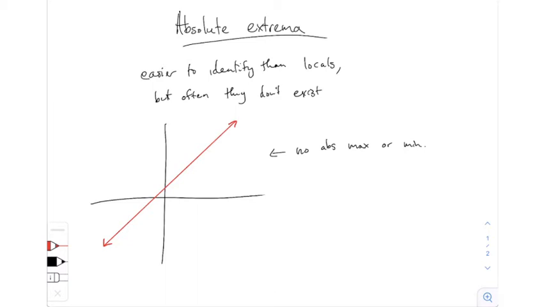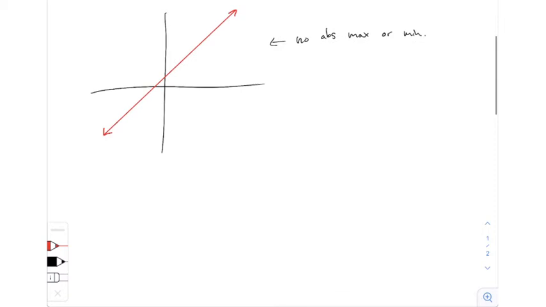Because there often are no absolute minimum or maximum values, we typically restrict our attention to only a closed interval in the domain.